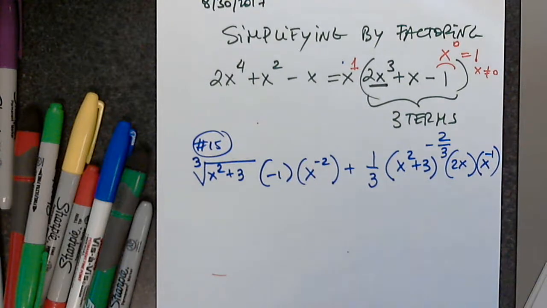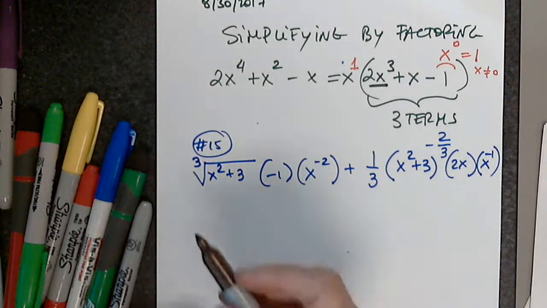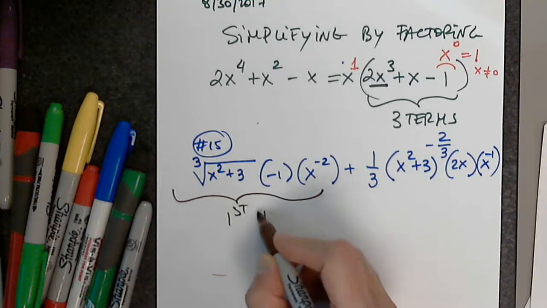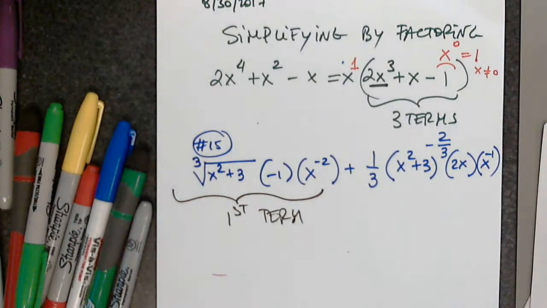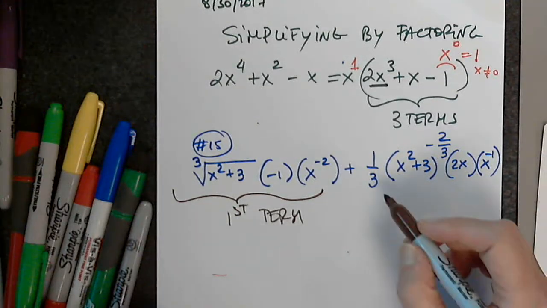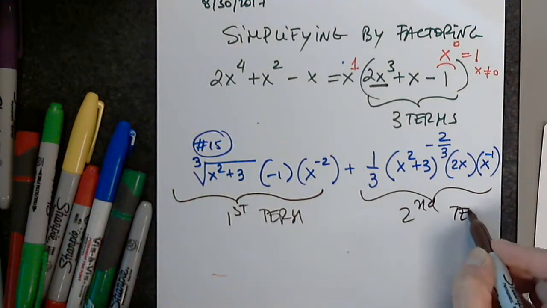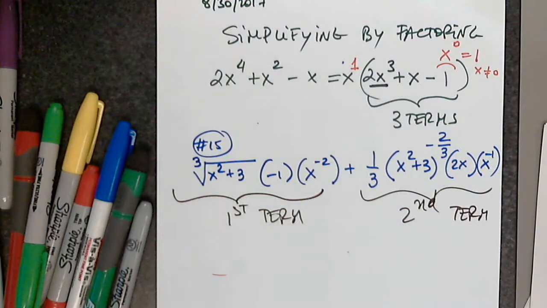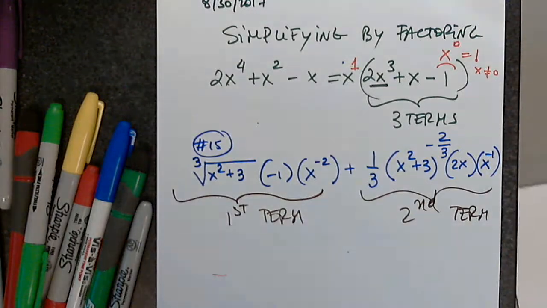So now let's look. 2. Exactly 2. There's the plus. Exactly. This is the first term. Extremely important to identify from the beginning what we're given, right? And this is the second term. Absolutely. That's the key. Would you agree? Yeah. Now, is it clear?